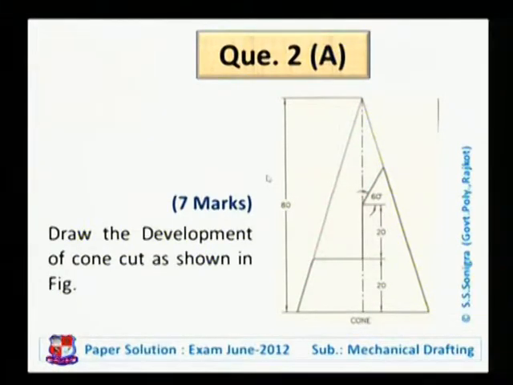Now to draw this problem, let me discuss this problem like this. In this problem, this is given data. A cone is given. Cone is a circular shape. So draw a circle of given dimension.